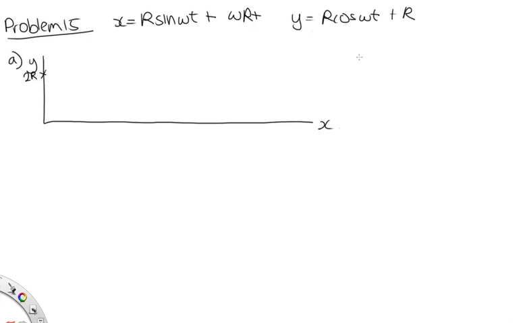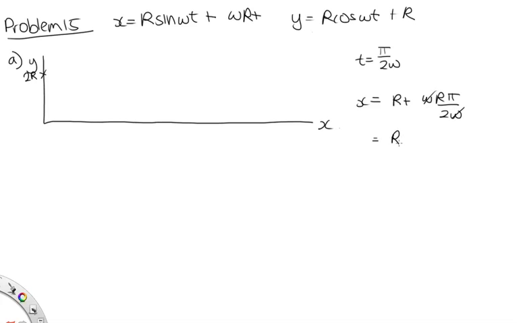Now let's try t is equal to pi on 2 omega. So at this time we've got sine of pi on 2. Sine of pi on 2 is 1, so x will equal r plus omega r times pi over 2 omega.